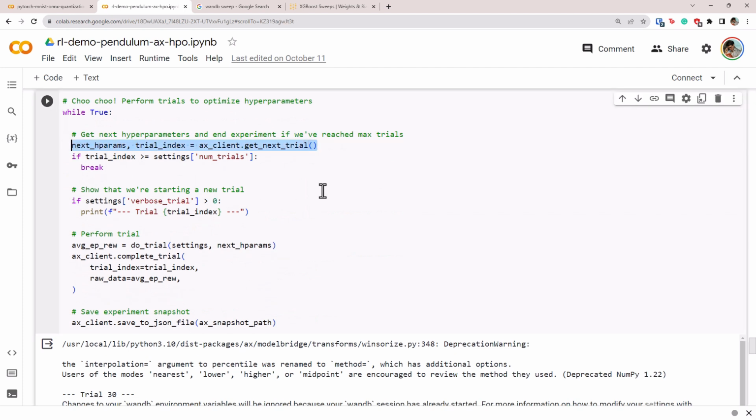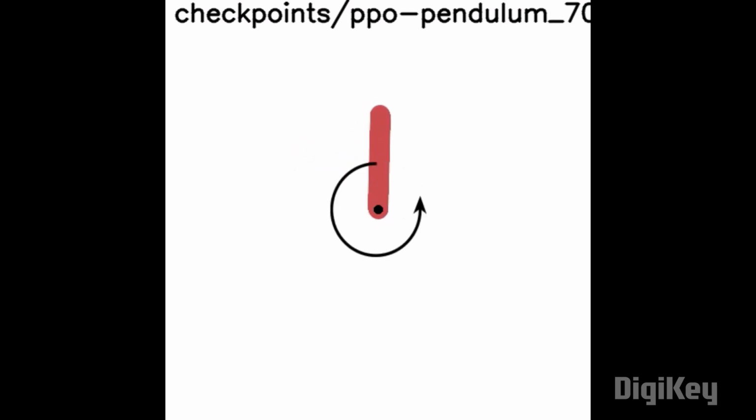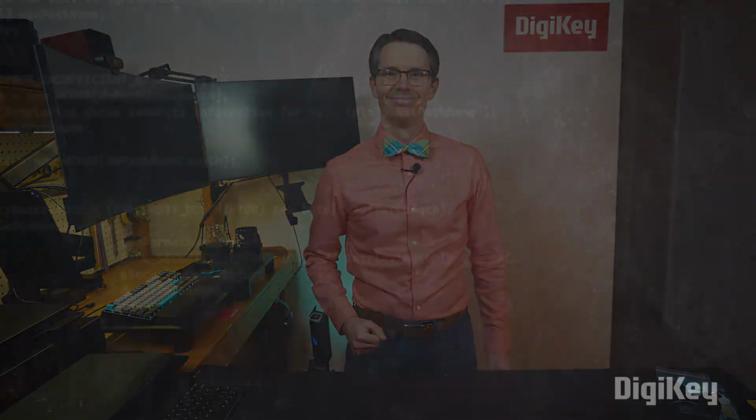We'll apply it to the inverted pendulum problem from my previous reinforcement learning video to find a model that works well. Note that you can use hyperparameter optimization tools like AX or Weights & Biases on any number of tasks, including basic supervised classification machine learning. I just think reinforcement learning is cool, so that's what we'll be focusing on. Let's jump in.